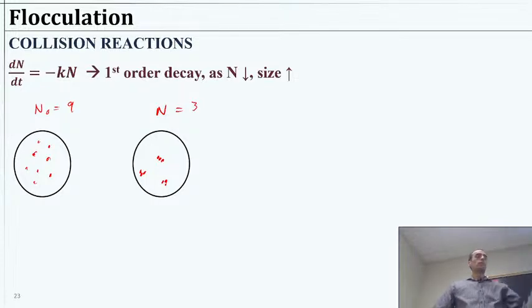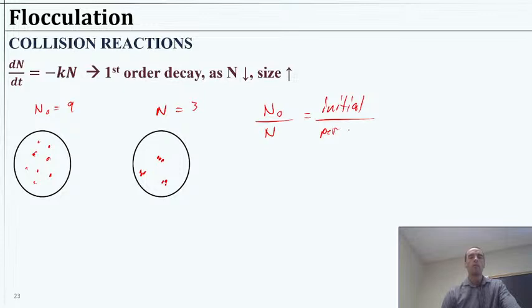And so this would tell us, okay, for each initial particle, we have 3 final particles. So this N naught over N would be initial per final particle.